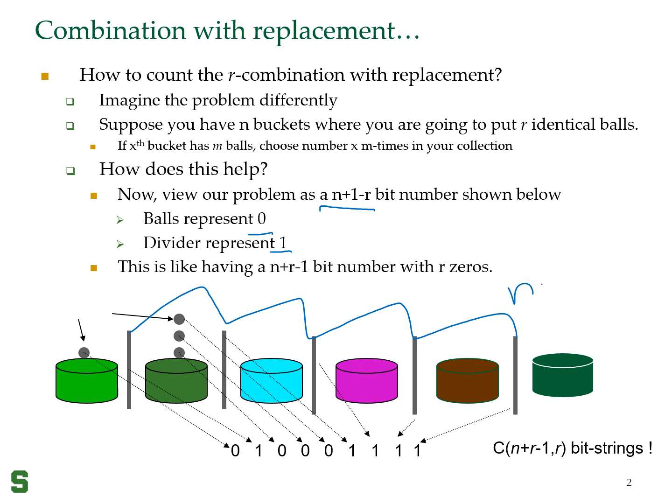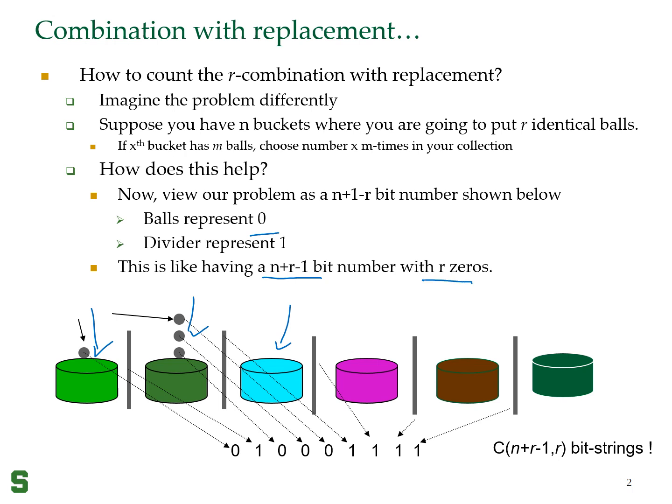In this case I have n buckets, so I need n minus 1 dividers, and I have r balls, so those r need to be put somewhere. That's going to give me a number that has n plus r minus 1 bits. In those I want r zeros and n minus 1 ones.